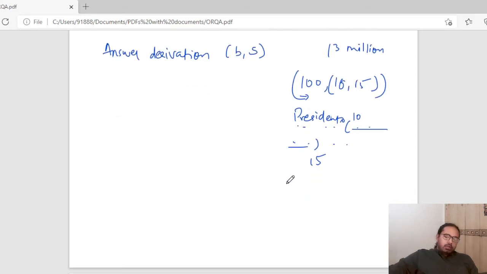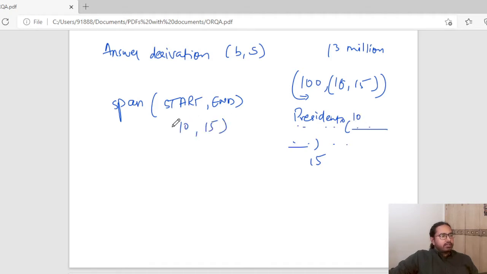Before we go any further, let's talk in more detail about spans. A span is represented by a start token number and an end token number. Here, the span's start token was 10 and the end token was 15. Let's take one more dummy example.